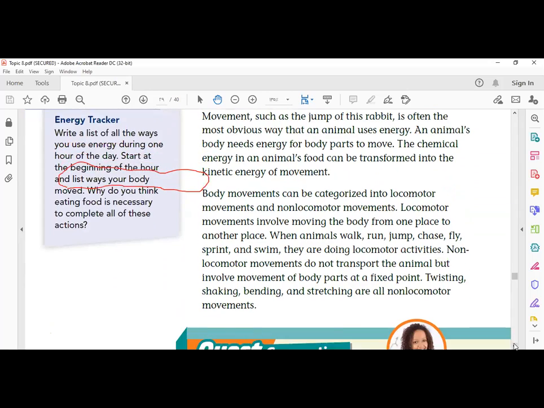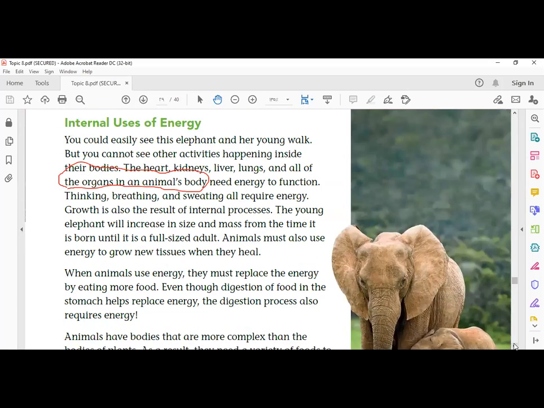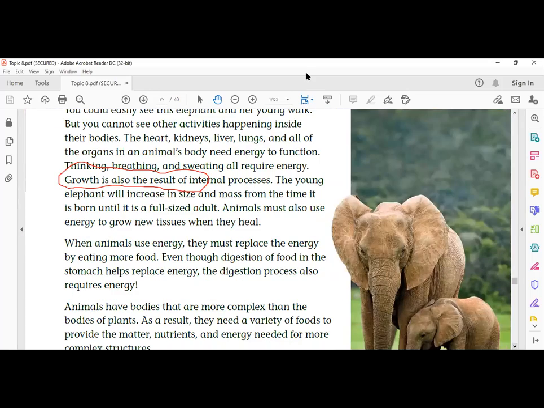But the animal's body also uses energy internally, meaning you can't feel these uses, like the digestion of food. This use of energy is called internal use.